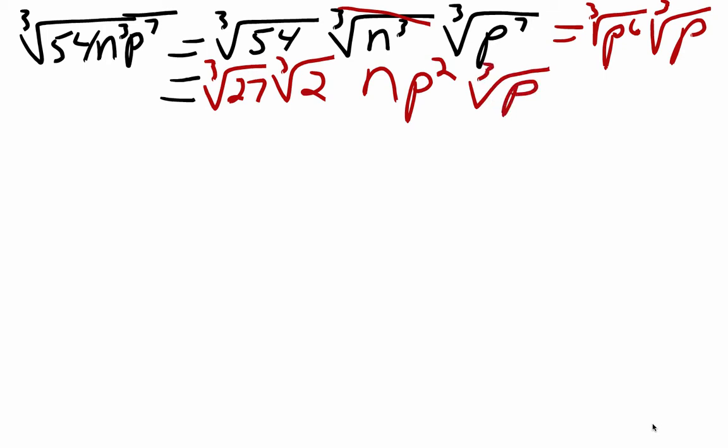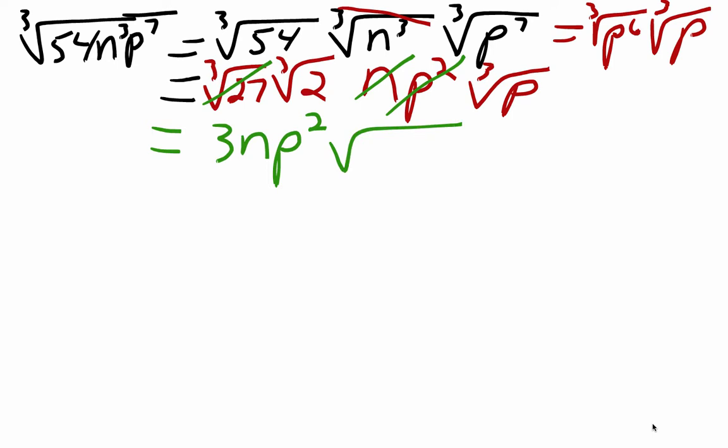So down here then, the cubed root of 27 is 3. The cubed root of 2, can't do anything with that, so we're just going to leave that alone. We got the n, got the p squared, and everything else left, the cubed root of 2 and cubed root of p, we're going to put back underneath the cubed root, and then there will be our answer there.